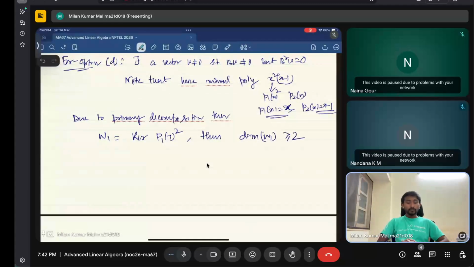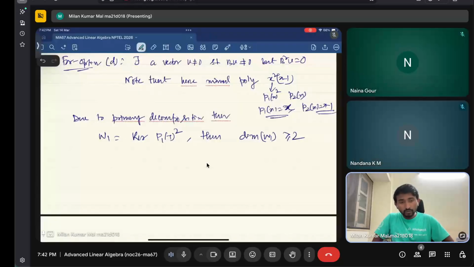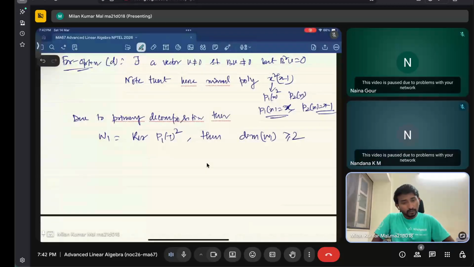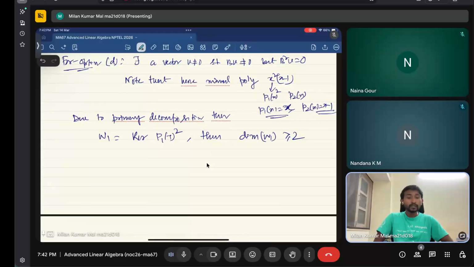Why? Because if you remember, the dimension of W1 is the algebraic multiplicity corresponding to that eigenvalue. Now, as in the minimal polynomial the degree of x is 2, the algebraic multiplicity will also be at least 2. The dimension of W1 is greater than or equal to 2.